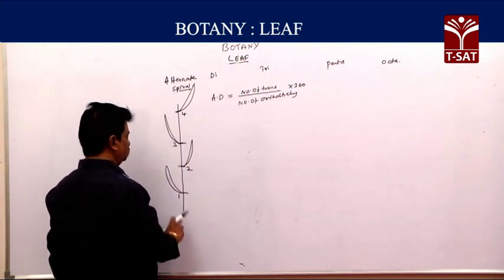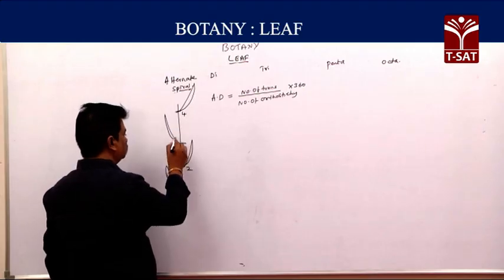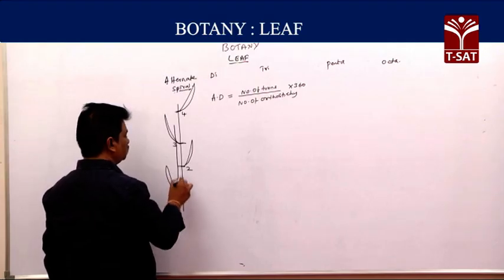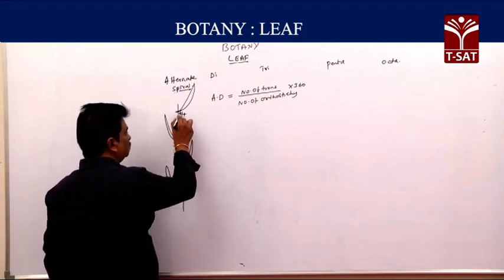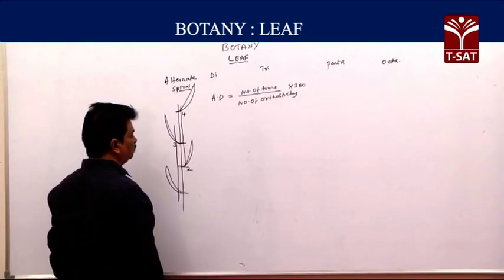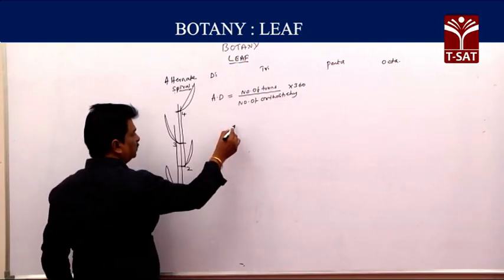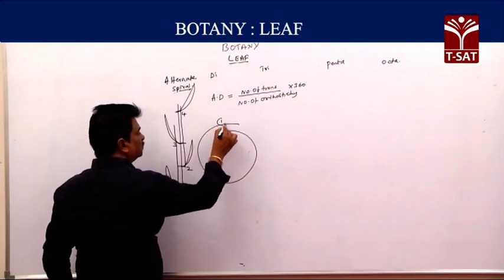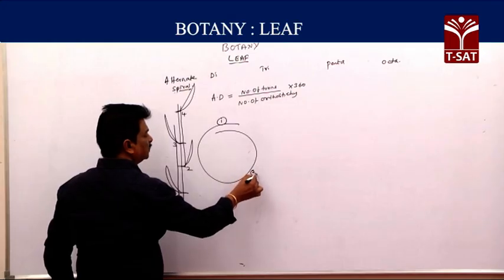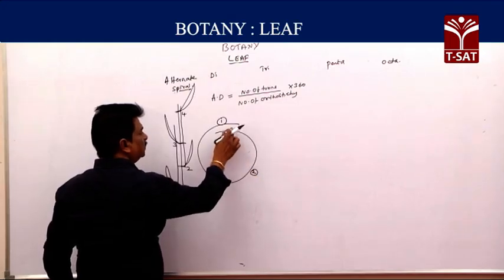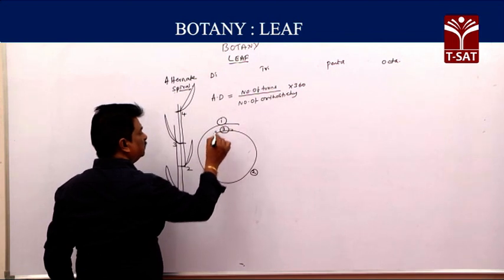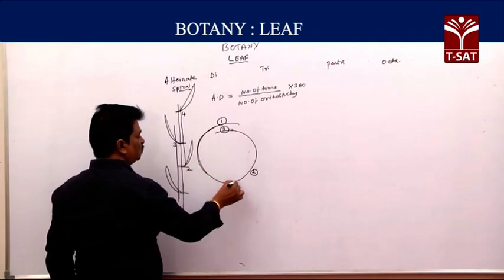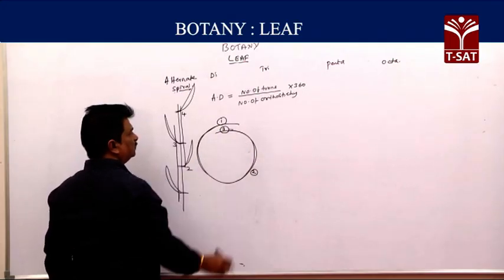In one vertical row, odd number of leaves are present, and in the other vertical row, even number of leaves are present. The third leaf is placed over the first leaf.